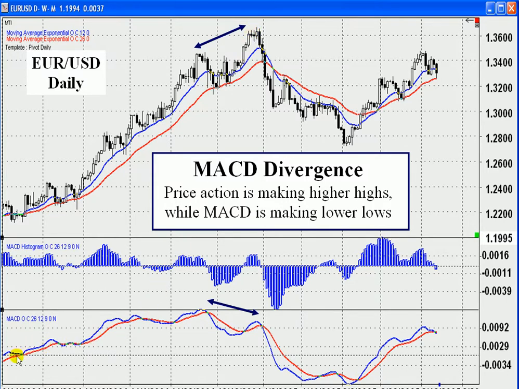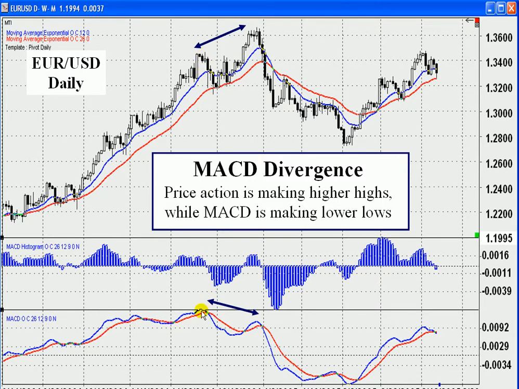When we look back here at MACD, we're also moving higher very modestly, and then MACD begins to slow down as price is still moving at a fairly rapid rate. It shows a bit of an overbought situation, but forms a high here which corresponds with the high in price here.